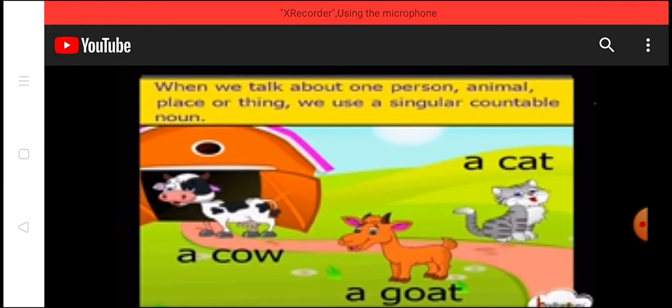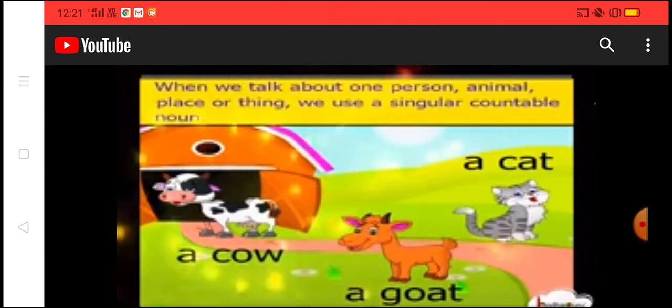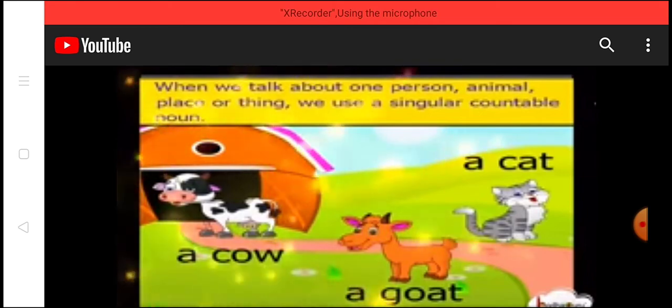For example, a cow, a cat, a goat. So students, the singular nouns will be the countable nouns.